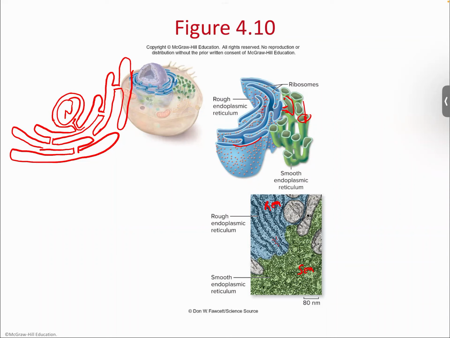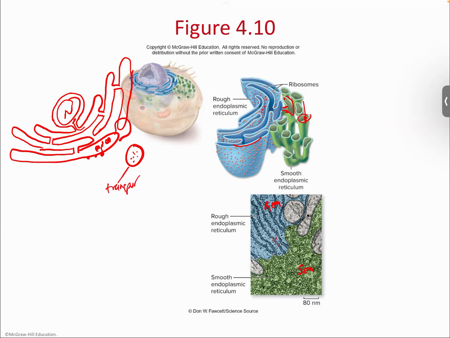So that's basically what we've got here. Ultimately, you'll have a ribosome that's tethered to the rough ER. It'll make the protein, injecting it into the lumen, and then it'll fold up inside the lumen. When it's ready to move on to the next stage, it'll swell and pinch off into a little membrane bubble.